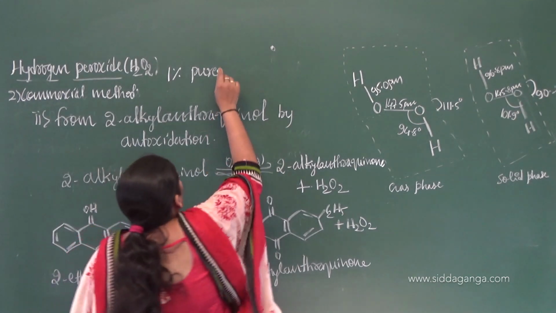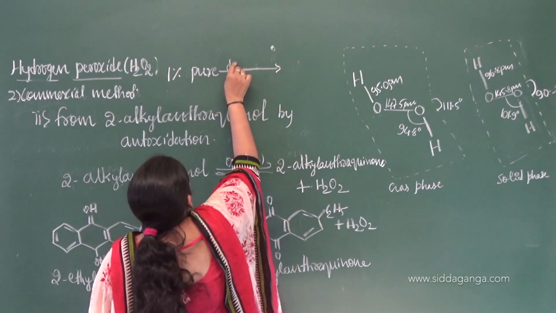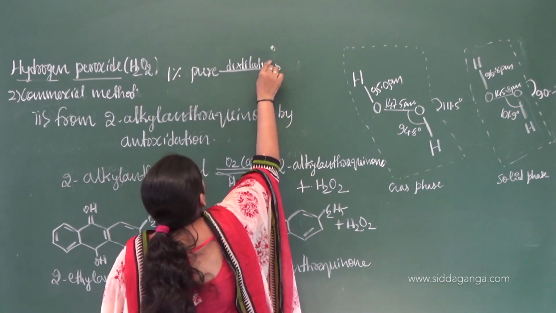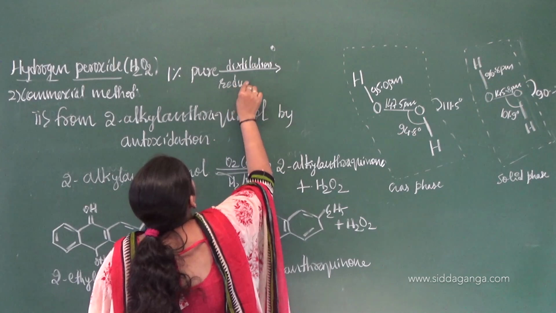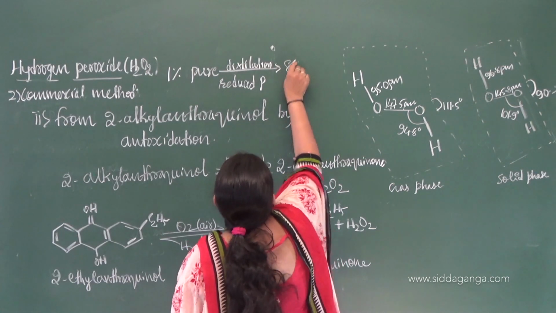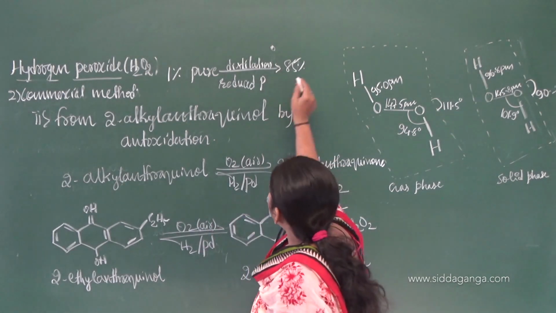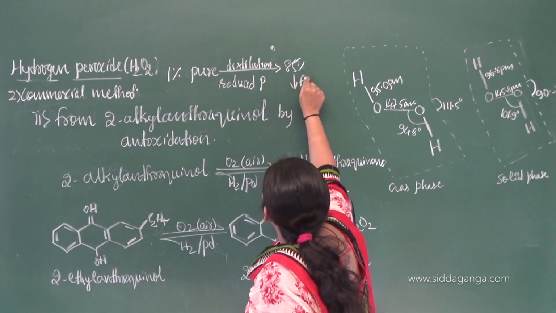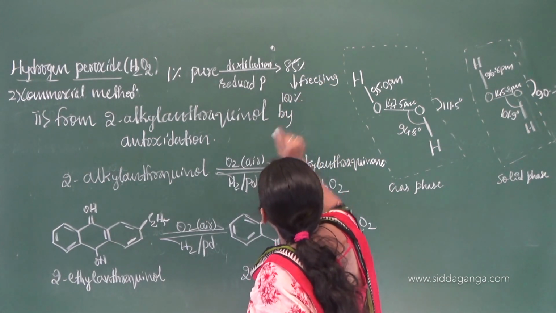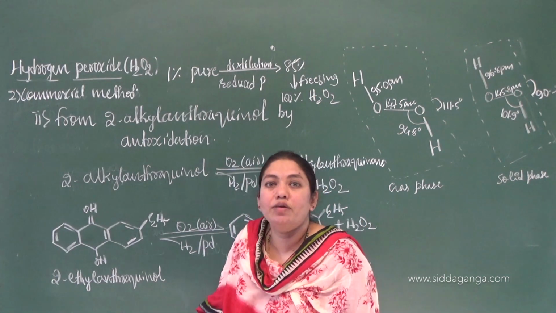So then what we can do is subject this 1% pure hydrogen peroxide to distillation under reduced pressure. Distillation under reduced pressure. So 85% pure hydrogen peroxide is obtained, which upon further freezing gives the 100% hydrogen peroxide. At the end you are going to get 100% hydrogen peroxide.